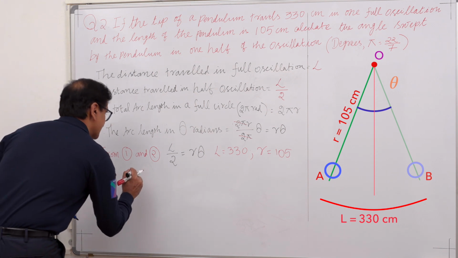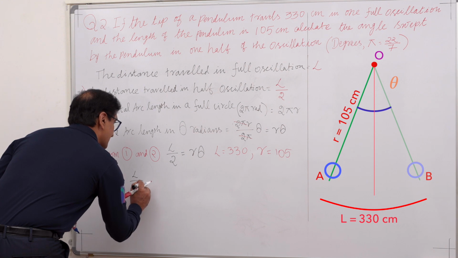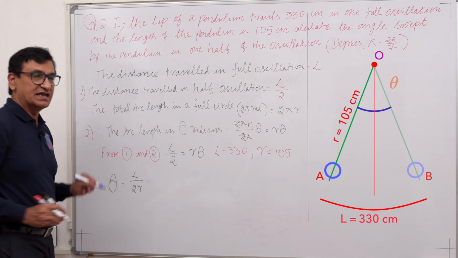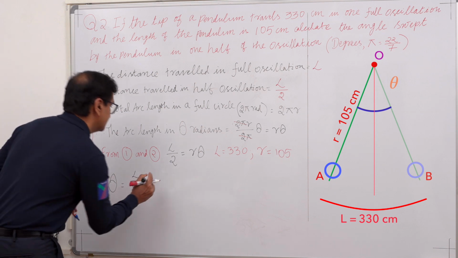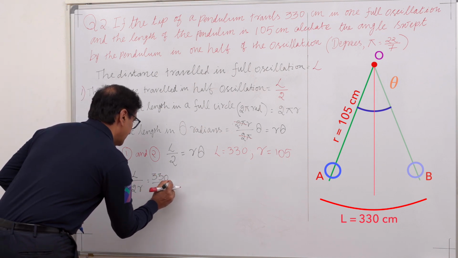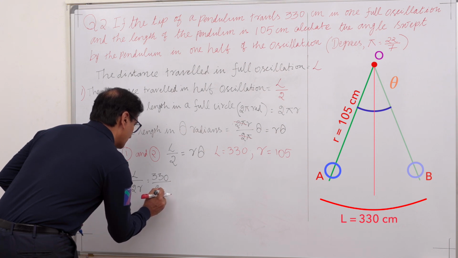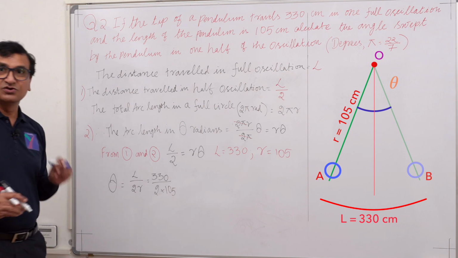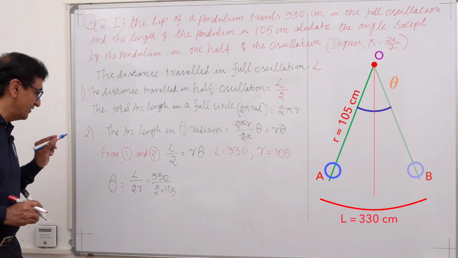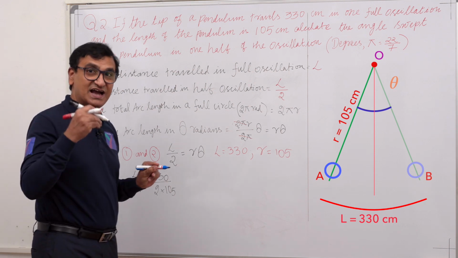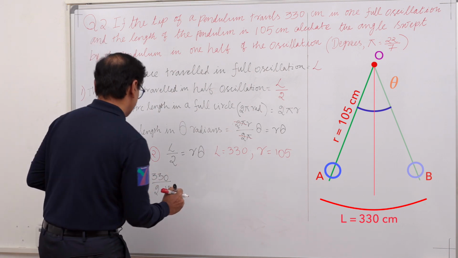theta equals L by 2r, which is, L is 330 divided by 2 multiplied by 105. Now, if you have to convert this radian into degrees, you have to multiply by 360 and divide by 2 pi.